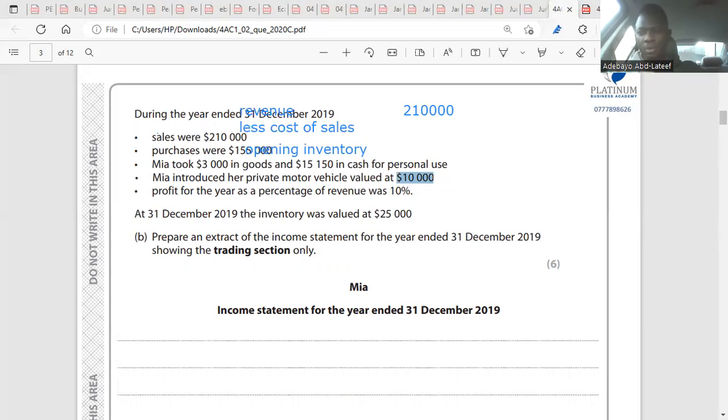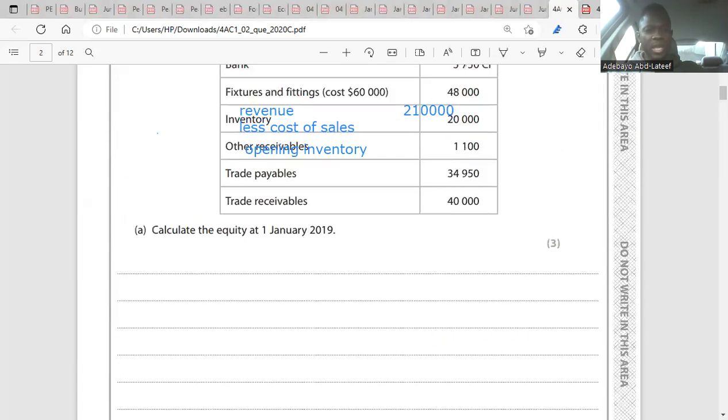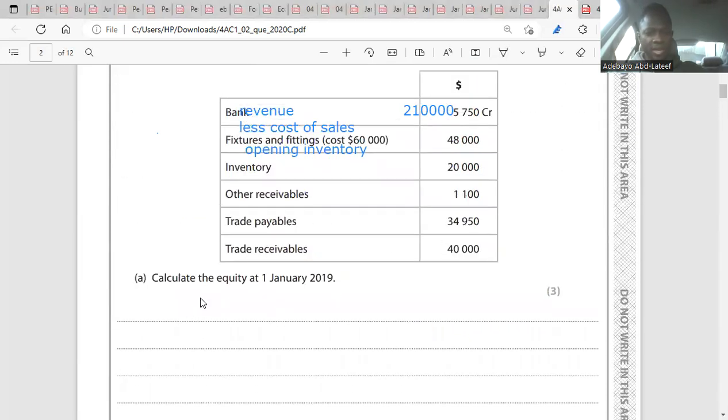Here we have, hold on, please. Our equity here. Equity at 1 January 2019 was 68,400. That's what we got, right? Okay. So you add it.